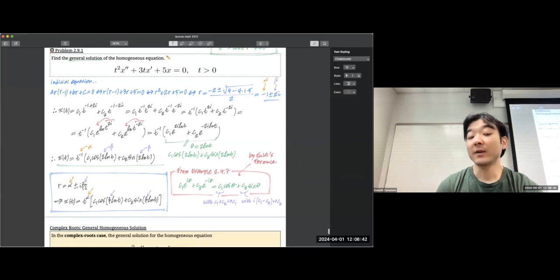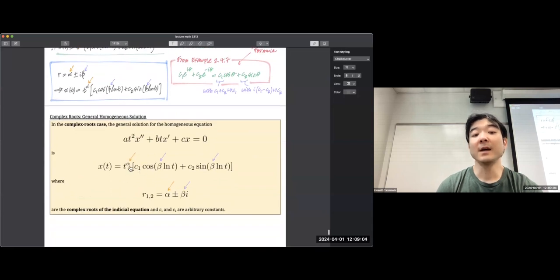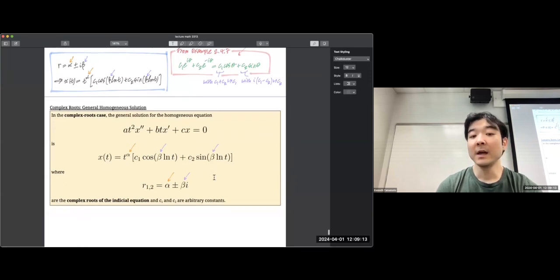If you have conjugate pairs of complex roots, you have a real and imaginary part. We did a specific example here, where it was -1 plus or minus 2i, and saw the spots where the alpha and the beta go were here and here and here. That will always be true in general. So the summary for the complex case is that the real part goes here, the imaginary parts go here, and there's an ln of t inside the argument for sine and cosine.